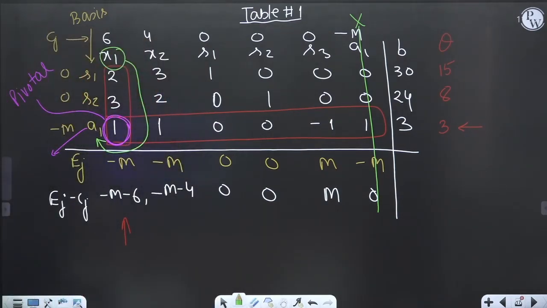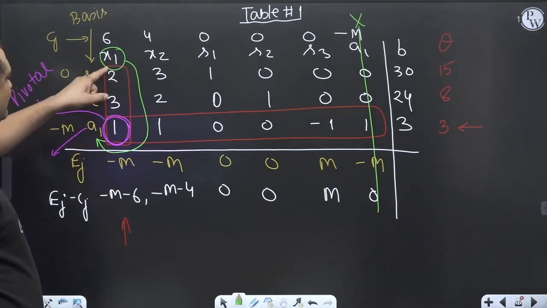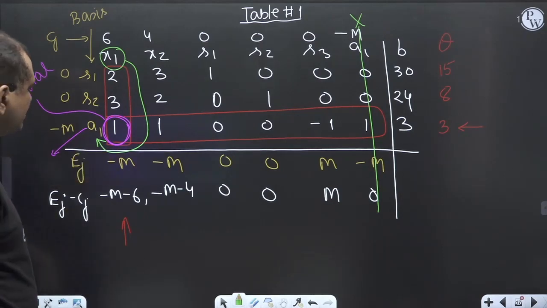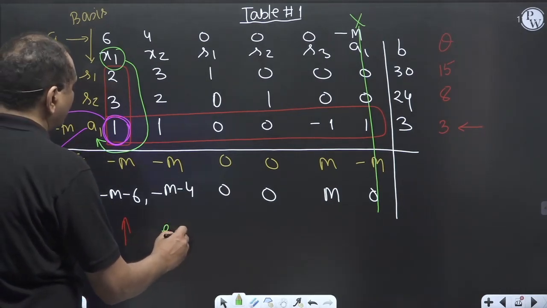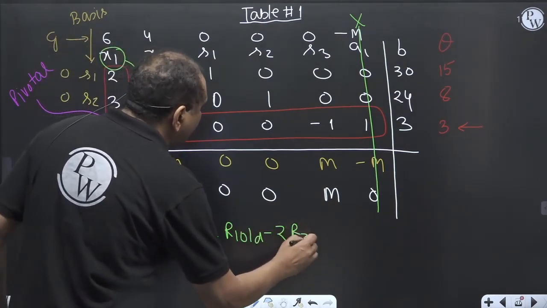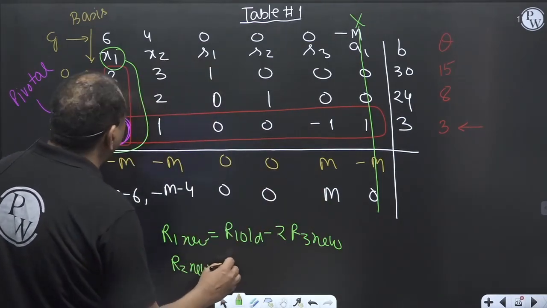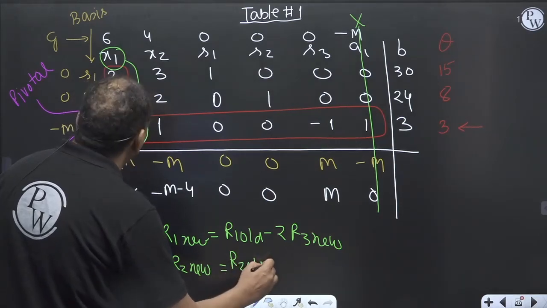I'm giving you a little bit of 30 seconds break time, so that now in the third row, make these values 0. It's already there. R1 new is nothing but R1 old minus 2 R3 new. R2 new is nothing but R2 old minus 3 R3 new.